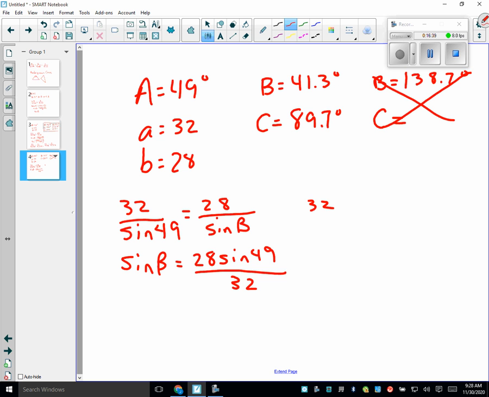So 32 over the sine of 49 equals C over the sine of 89.7.